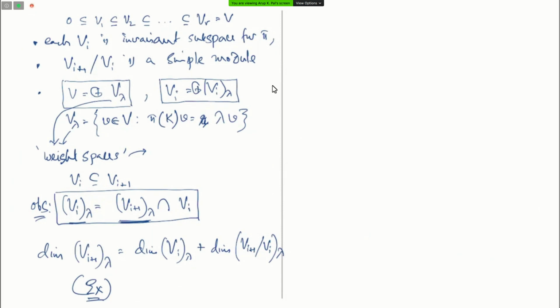The earlier observation tells us that Vi lambda is sitting inside Vi plus 1 lambda.